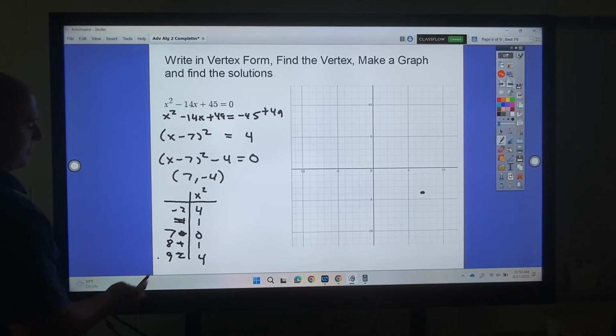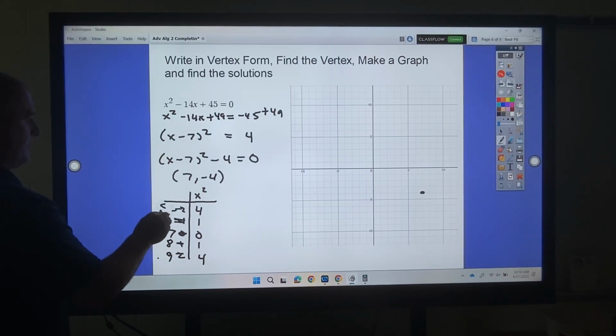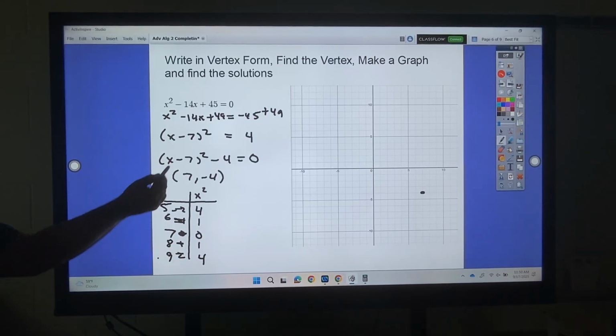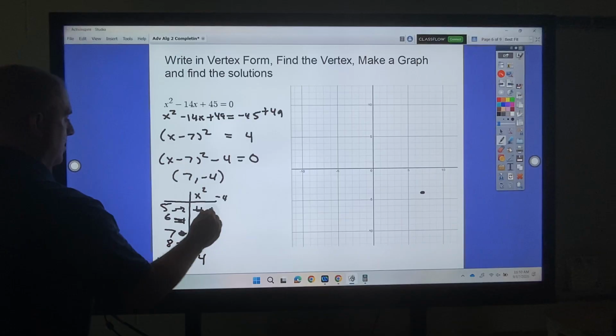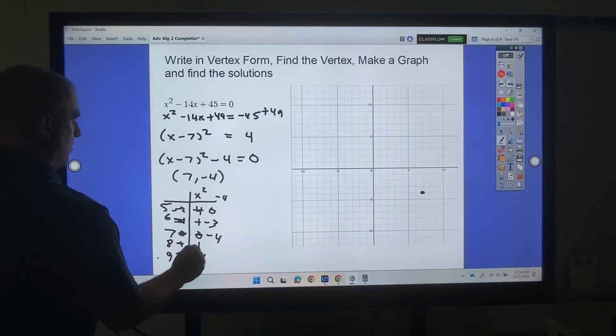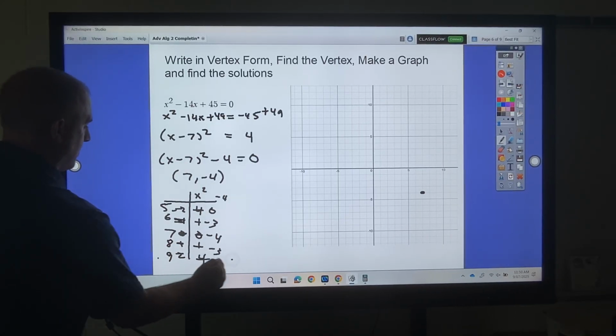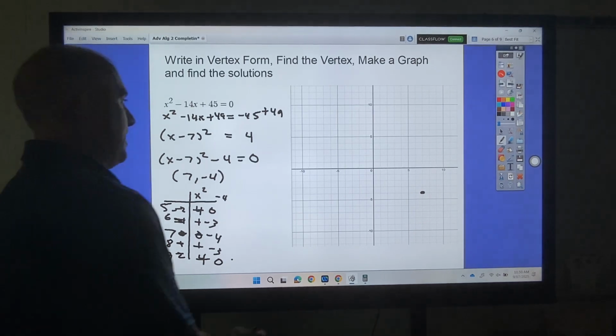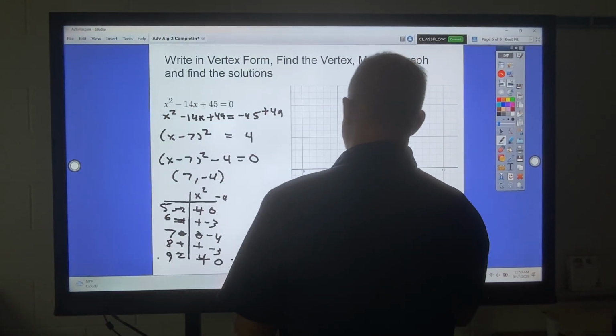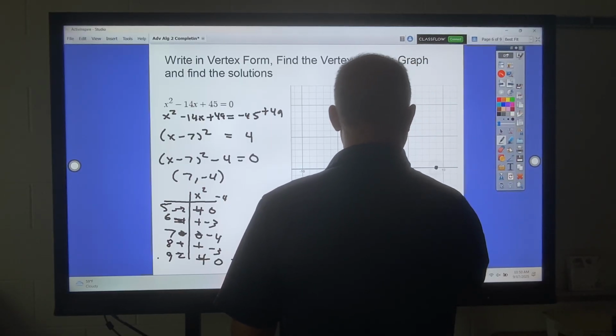Okay, that's 6 and 5. Okay, and then for the y's, what I want to do is subtract 4. So that's 0, negative 3, negative 4, negative 3, 0. Okay, so I got 5, 0, 6, negative 3, 8, negative 3, 9, 0. So here's my graph.